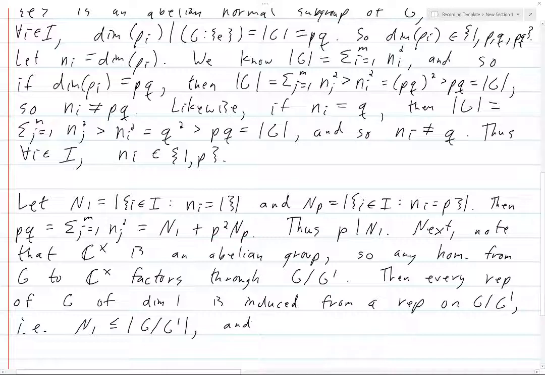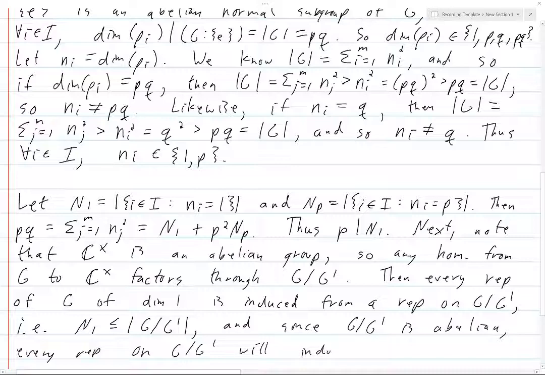And since G mod G prime is abelian, every representation on G mod G prime will induce a representation on G. Okay, so I think there's more going on here involving induction that involves abelian groups that I just haven't quite fully digested.